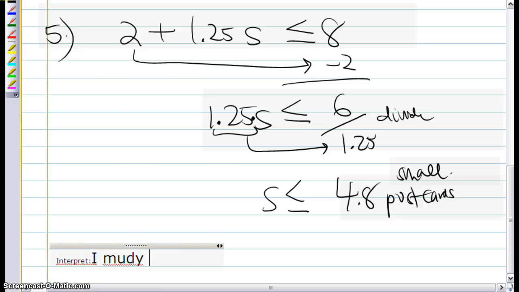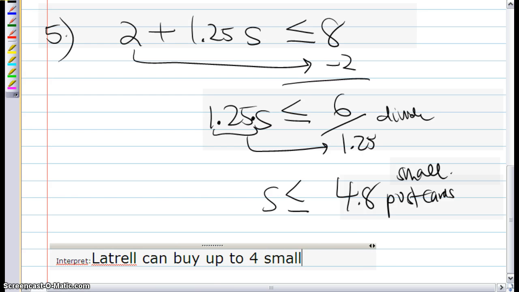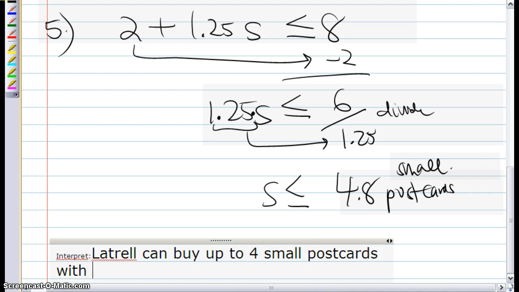She can buy up to 4 small postcards with $8. She can't buy 0.8, so she could just buy 4. She'll probably have some leftover change.